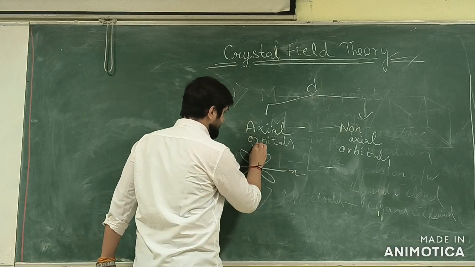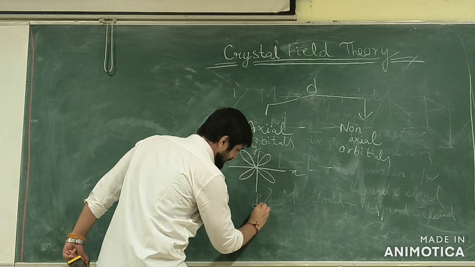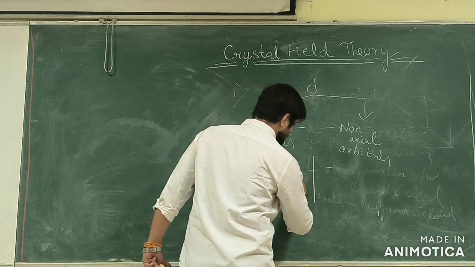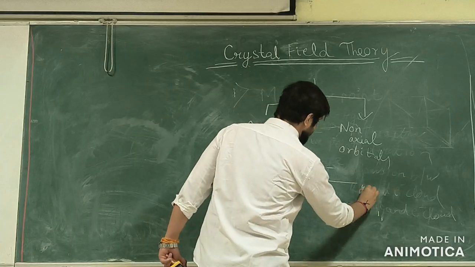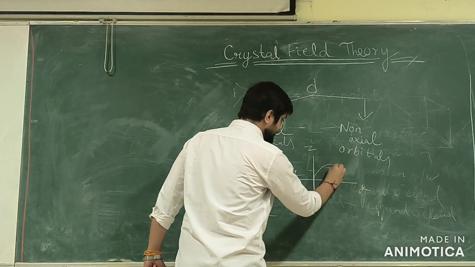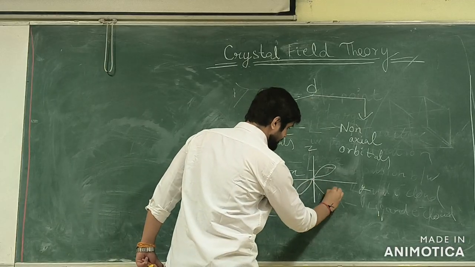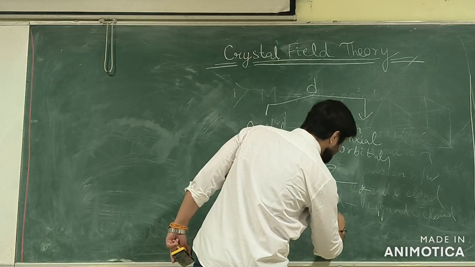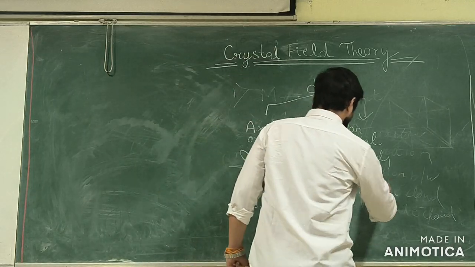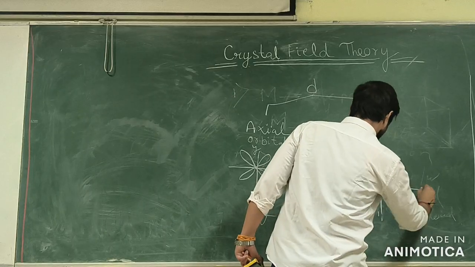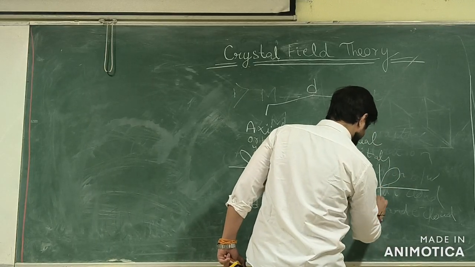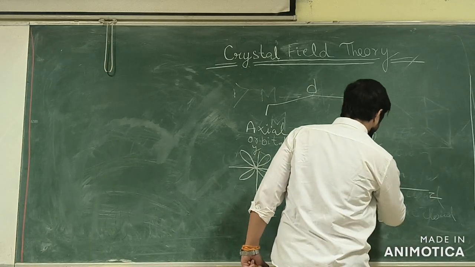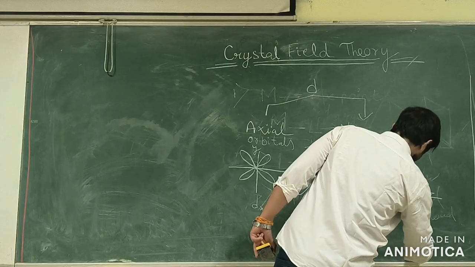Like, this is the x axis and this is the y axis, then it is dxy. Second, if it is the y axis and the z axis, then it is dyz. Third, if it is z and x, then it is dzx.